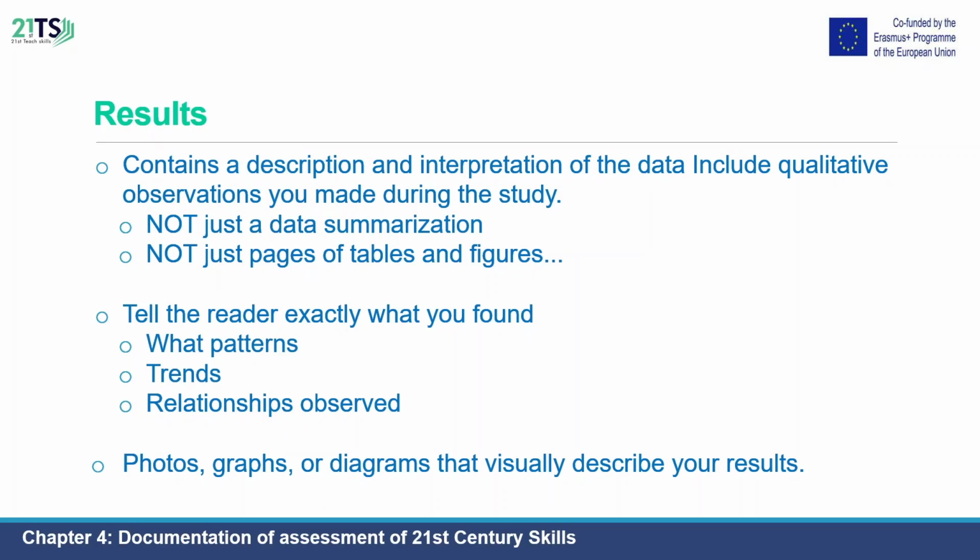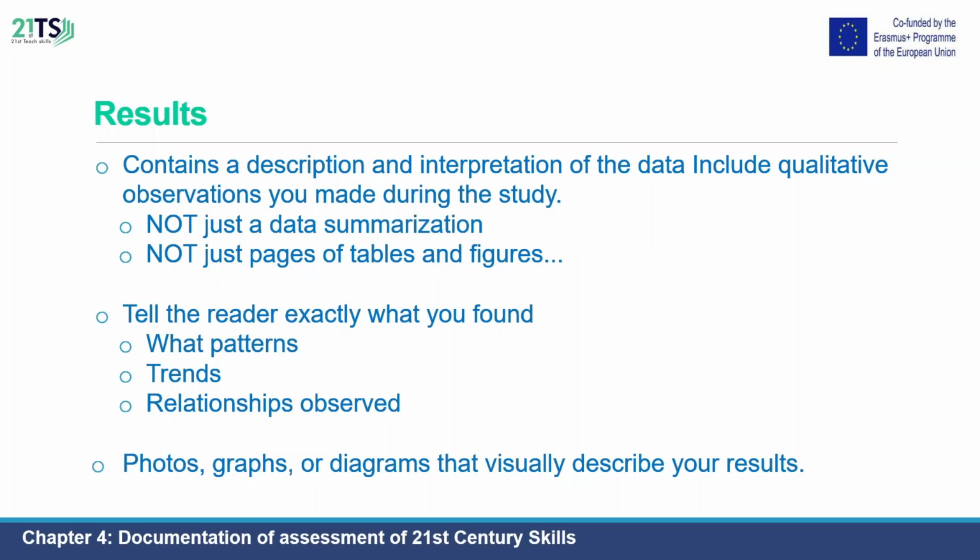The results section contains a description and interpretation of data, including qualitative observations you made during the study, not just a data summarization, not just pages of tables and figures.